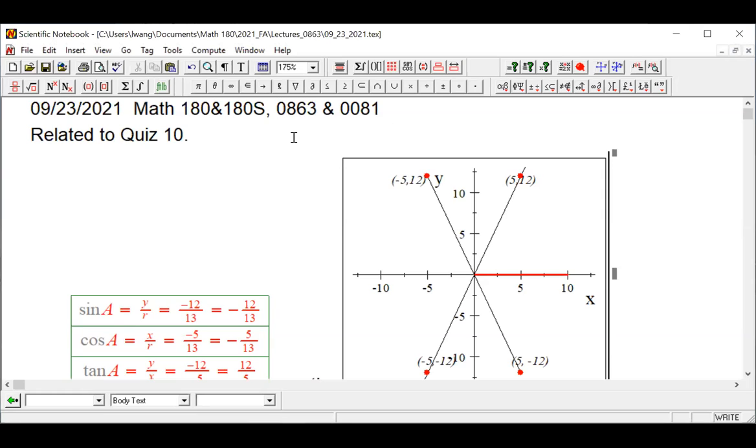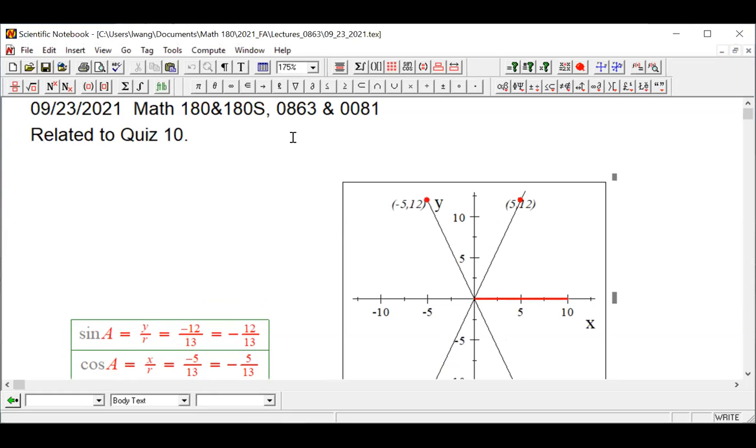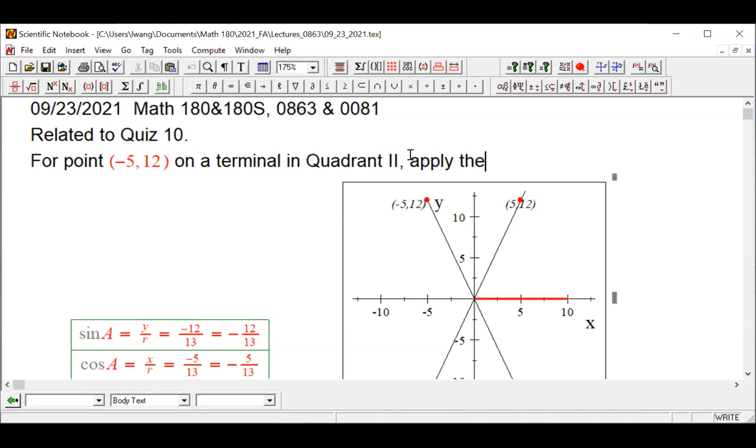Now, let me specify this. For the point -5, 12 on a terminal in quadrant 2, apply the definition.